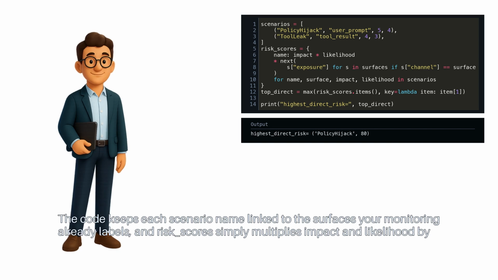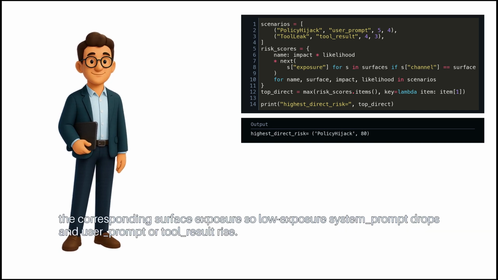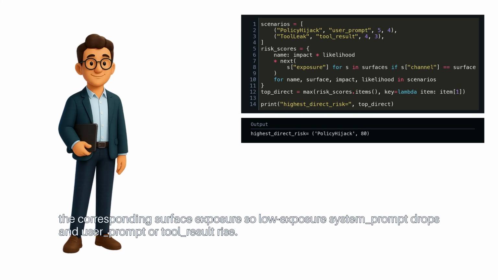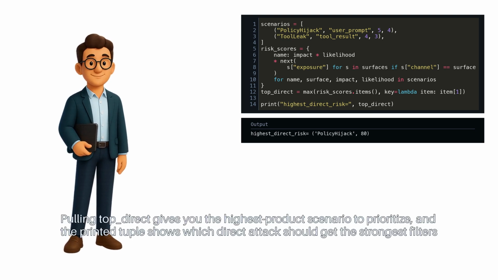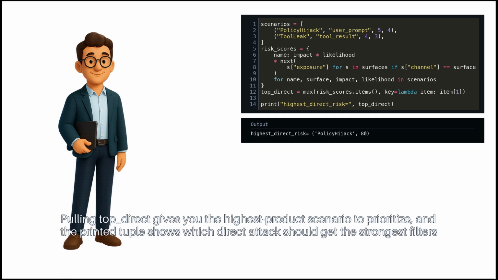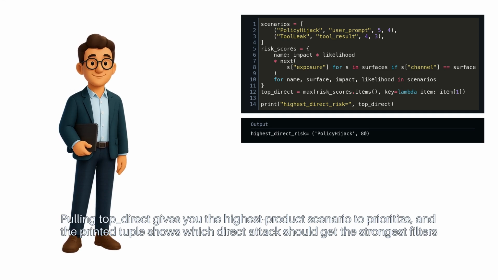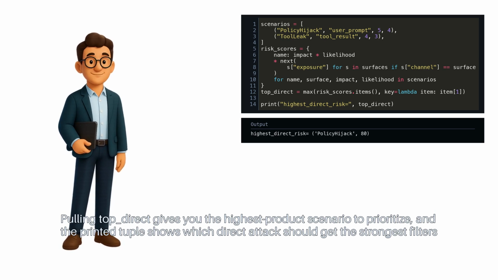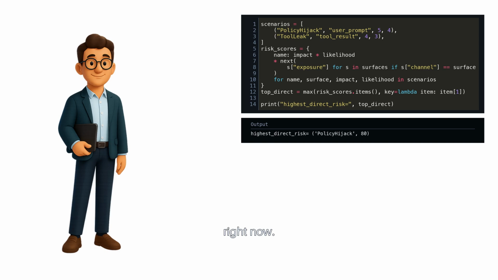And risk scores simply multiplies impact and likelihood by the corresponding surface exposure. So low exposure system prompt drops and user prompt or tool result rise. Pulling top direct gives you the highest product scenario to prioritize. And the printed tuple shows which direct attack should get the strongest filters right now.